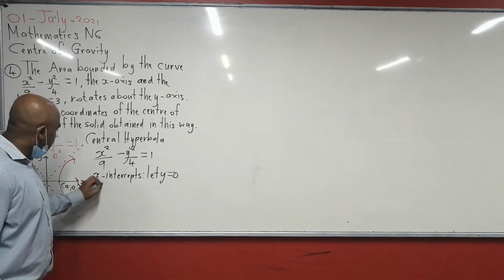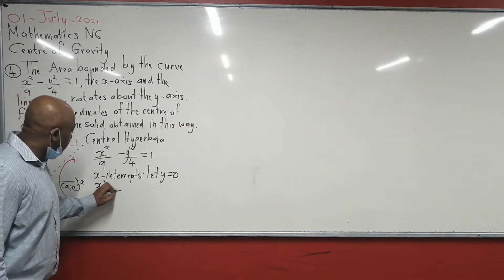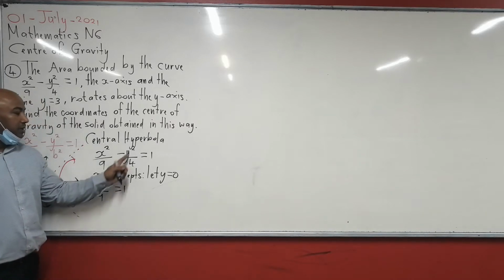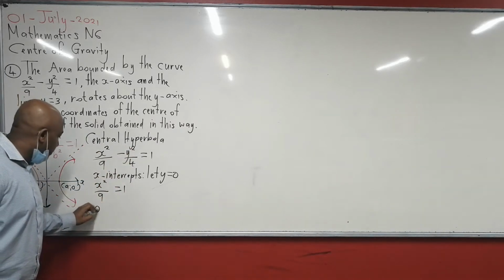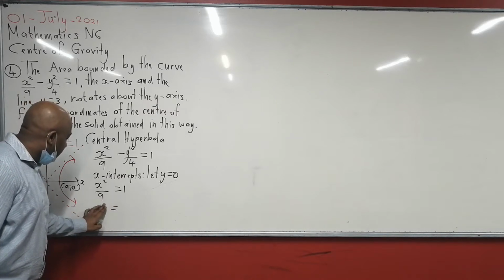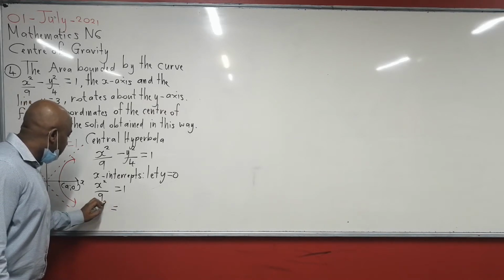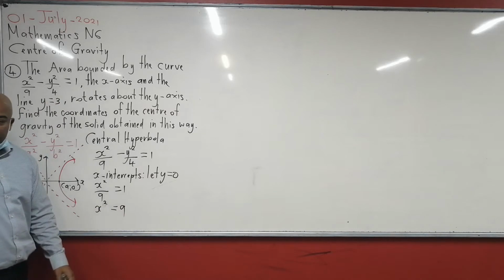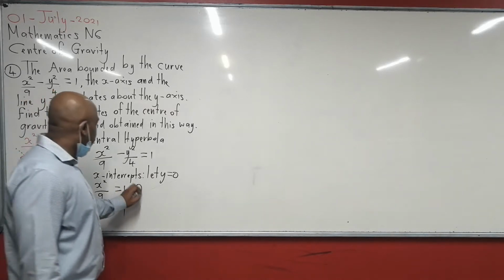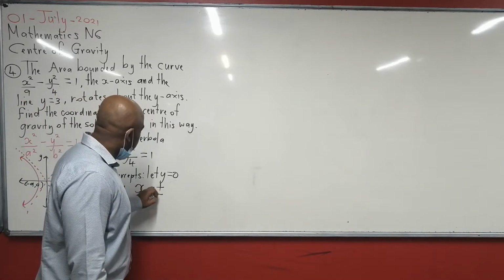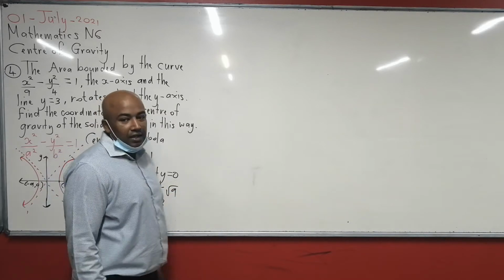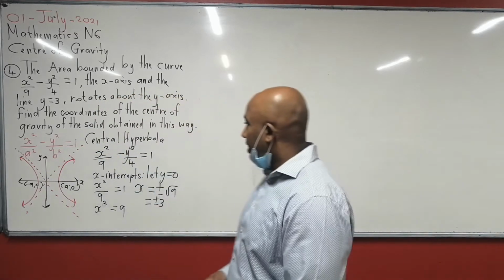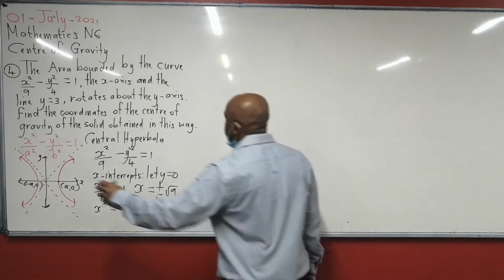So now I've got x squared over 9 is equal to 1, because 0 divided by anything is 0. If I multiply by 9 on both sides, x squared is equal to 9. Therefore x is equal to plus or minus the square root of 9, which is plus or minus 3. So those are the x-intercepts.